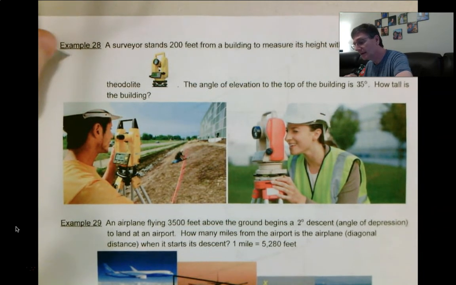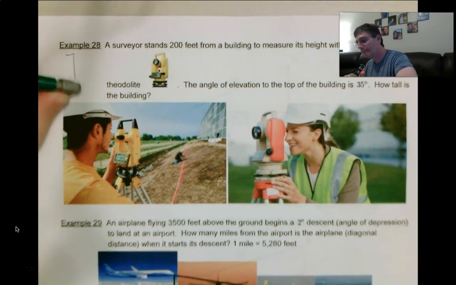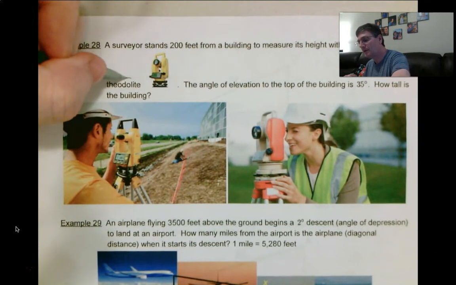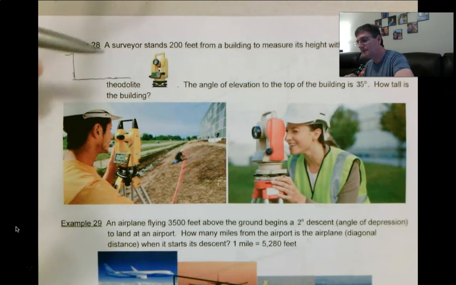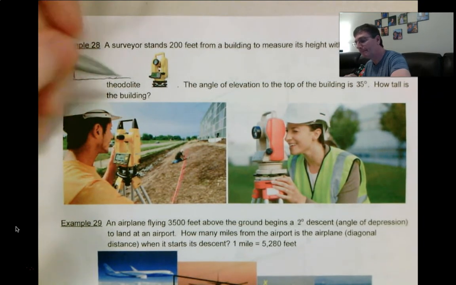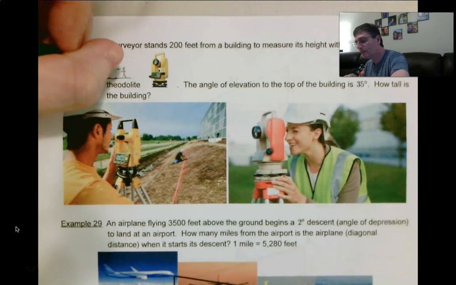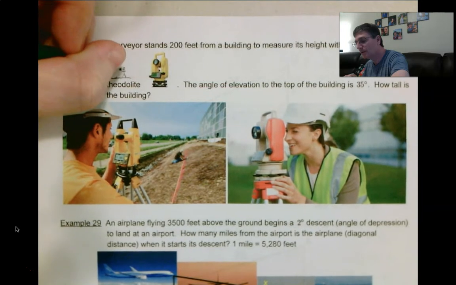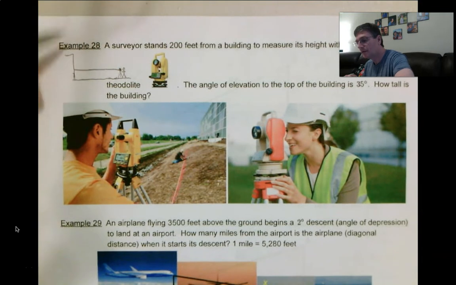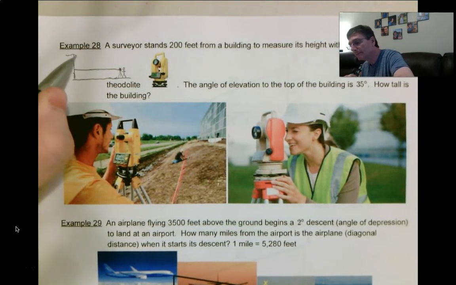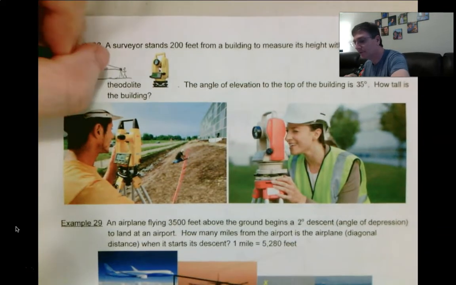So we have our building, and we have the surveyor standing 200 feet away, looking through their theodolite to the top of the building with an angle of elevation of 35 degrees.